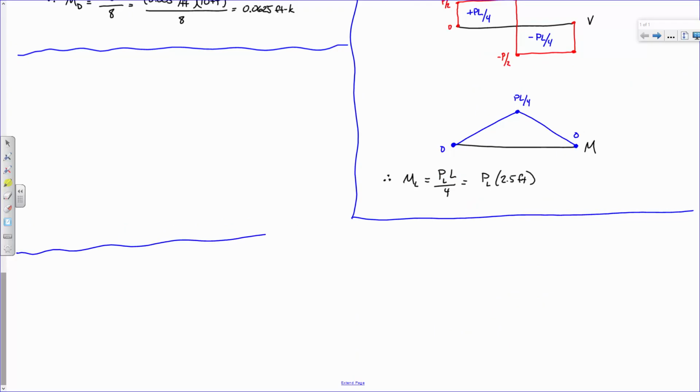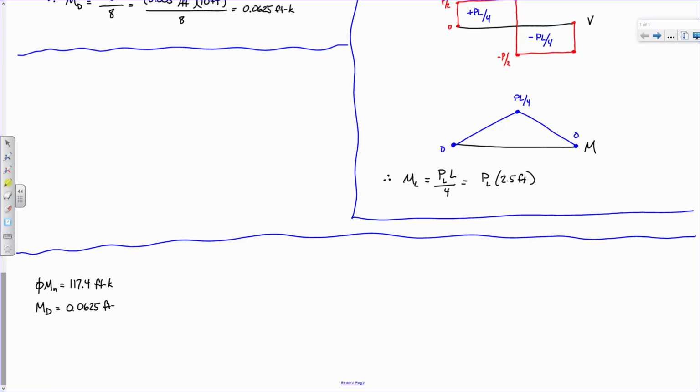let's sort of summarize everything with this problem. So VMN is 117.4 foot kips. MD is 0.0625 foot kips, and then ML is some load, we don't know what that load is, times 2.5 feet.